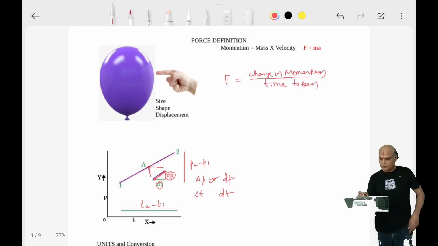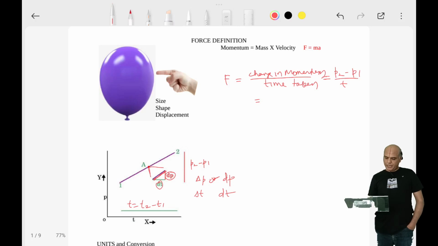I can write this as P2 minus P1, the change in momentum, by time, where T2 minus T1 is T. P2 minus P1 by T is nothing but tan theta, that is the slope of this line.